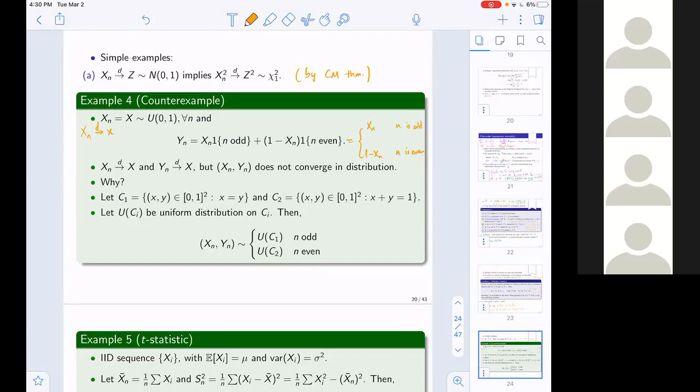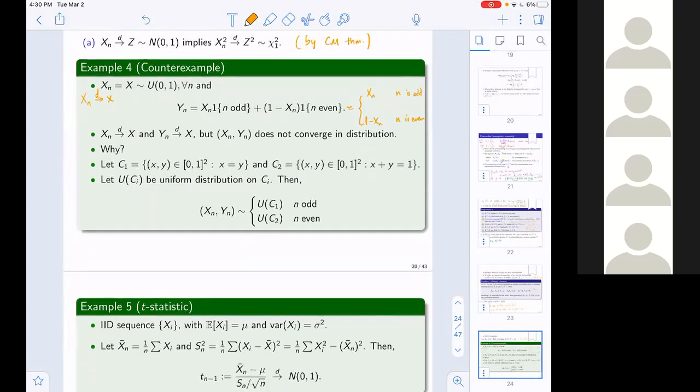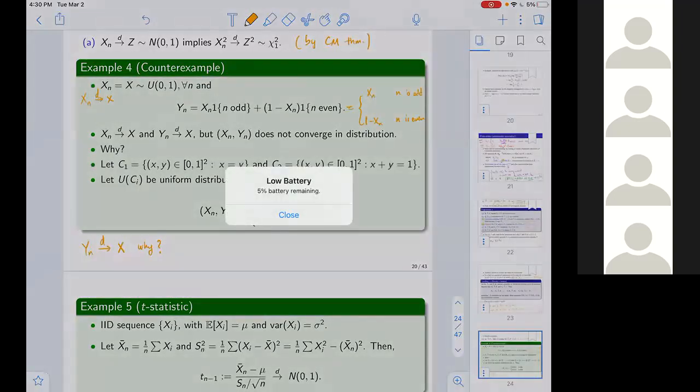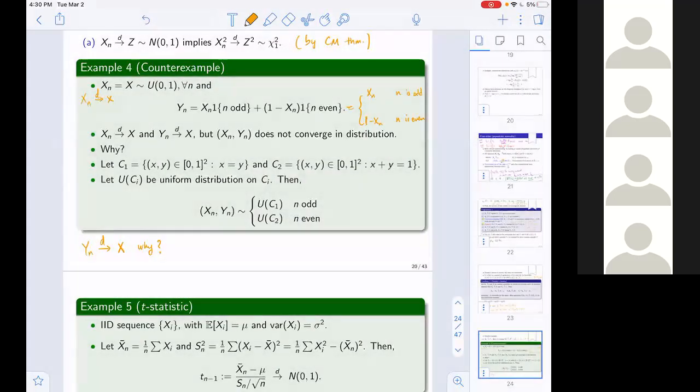And the way that this works is that Yn also converges in distribution to X. So why is that? Why is it true that Yn converges in distribution to X?